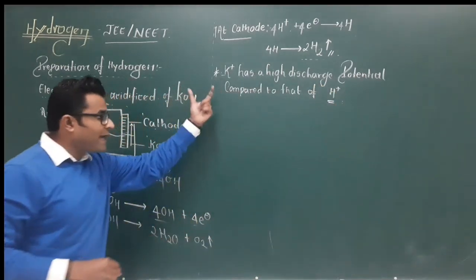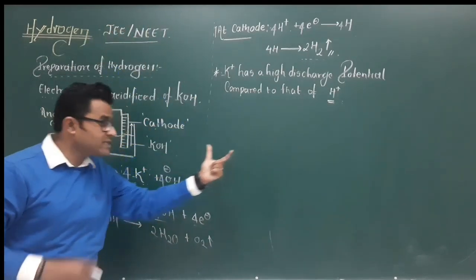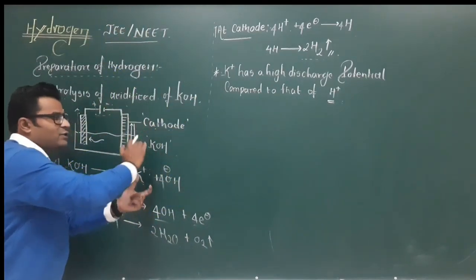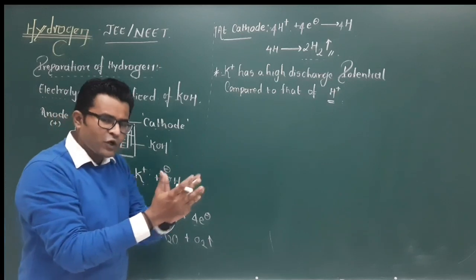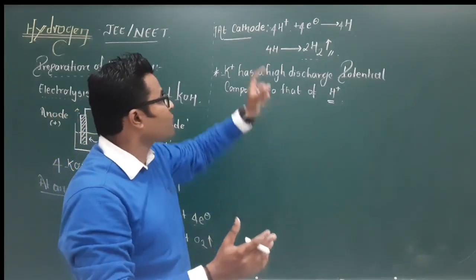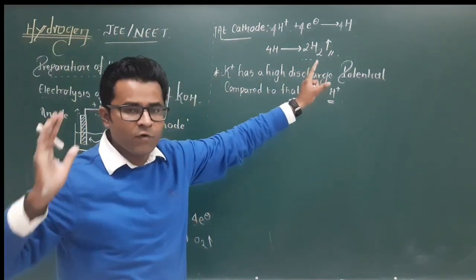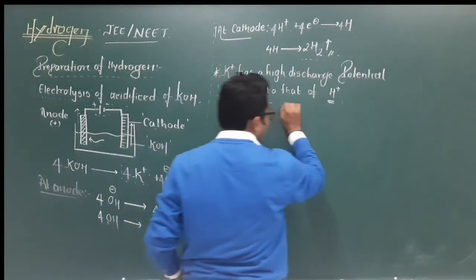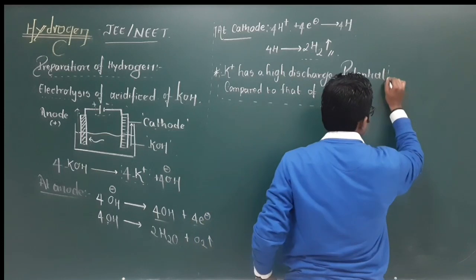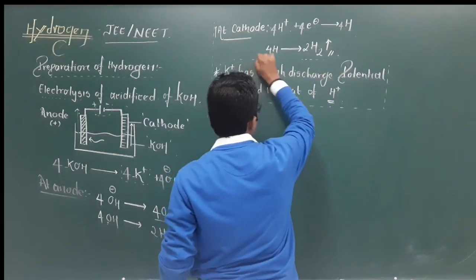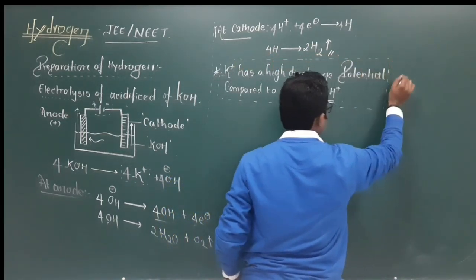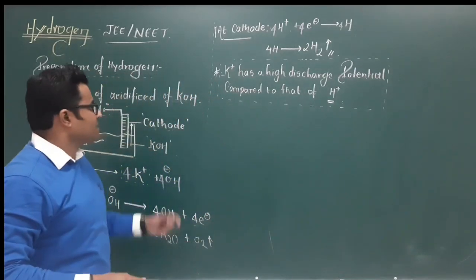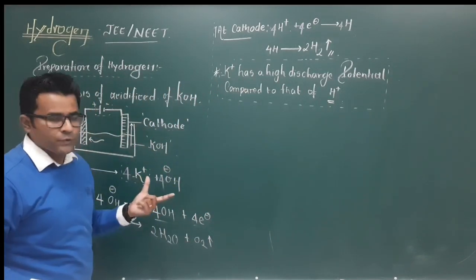So instead of K plus, the H plus ions migrate towards the cathode, get the electron, combine in the form of a hydrogen molecule and get evolved. This is the main reason why K plus ion is not evolved at the cathode.